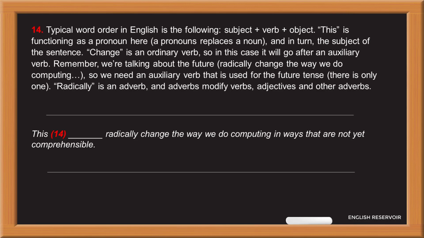Remember, we're talking about the future. Radically change the way we do computing. So, we need an auxiliary verb that is used for the future tense. There is only one. Radically is an adverb, and adverbs modify verbs, adjectives, and other adverbs. This will radically change the way we do computing in ways that are not yet comprehensible.